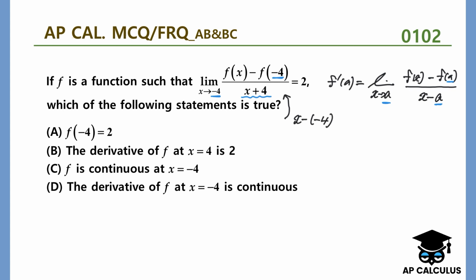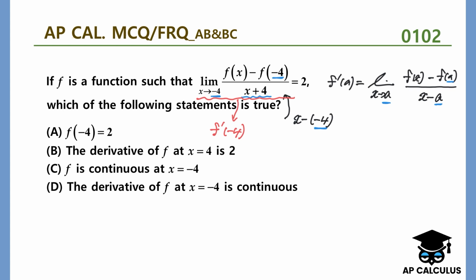So all of this expression represents the derivative of f at x equal negative 4, which we can write as f prime negative 4. So f prime negative 4 is equal to 2. Does that make sense? So the slope of the tangent line of f at x equal negative 4 is equal to 2.